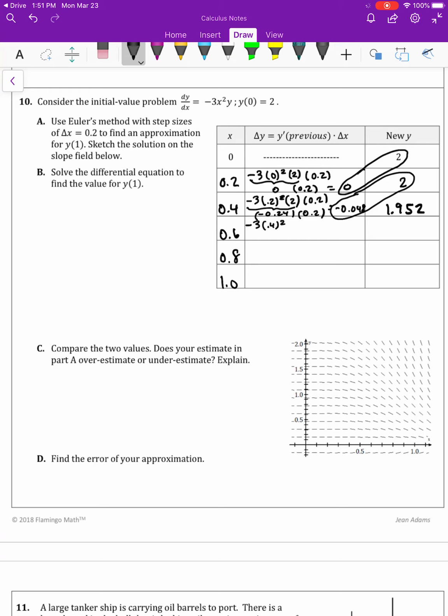And now you're using that point, -3 times 0.4 squared times 1.952 times your delta x of 0.2.